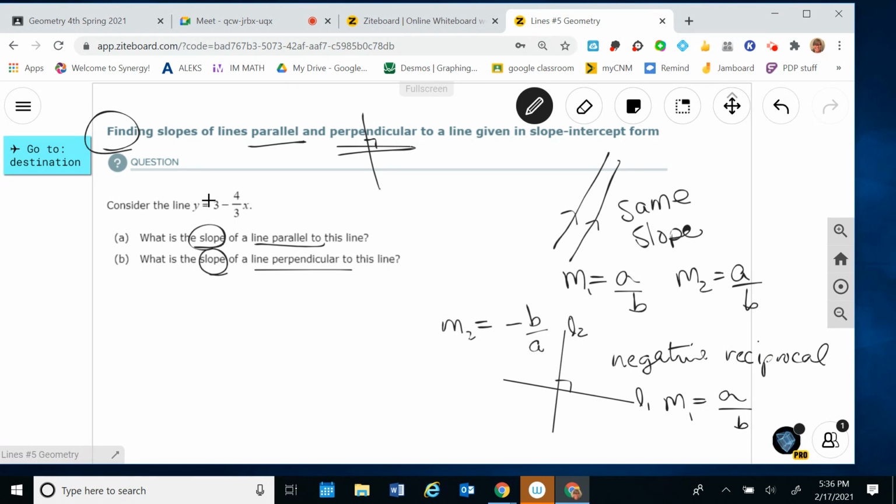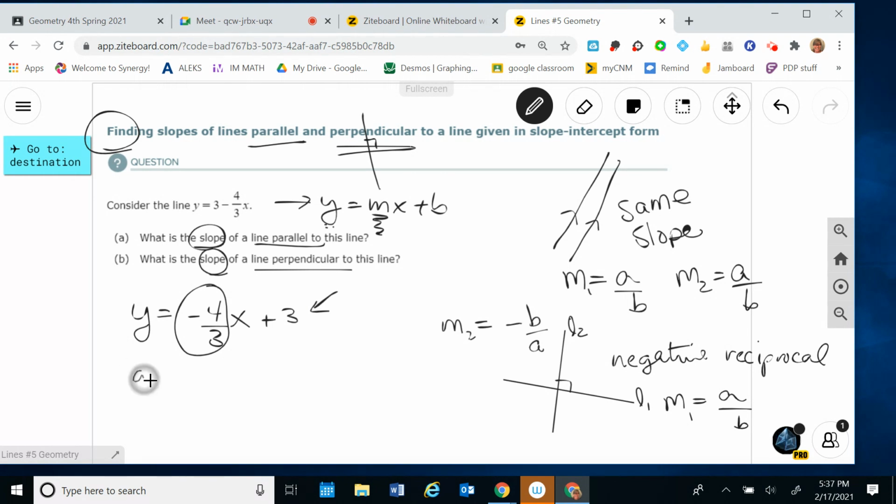All right, so watch. If you have this one, first of all, you need to get it into y equals mx plus b form, or note that the slope is always the number that comes before the x when it is solved for y. So y equals, let's rearrange it, negative 4/3 x plus 3. This is the y-intercept. This is the slope.